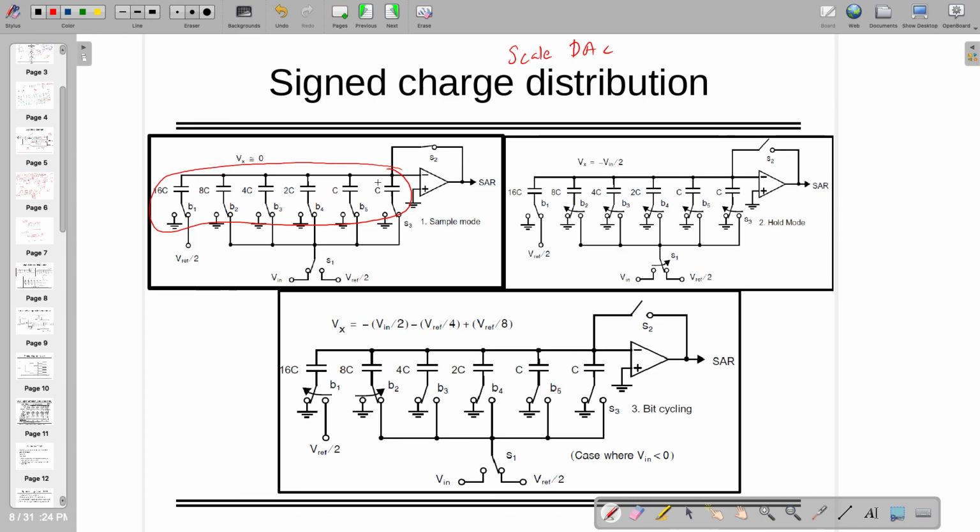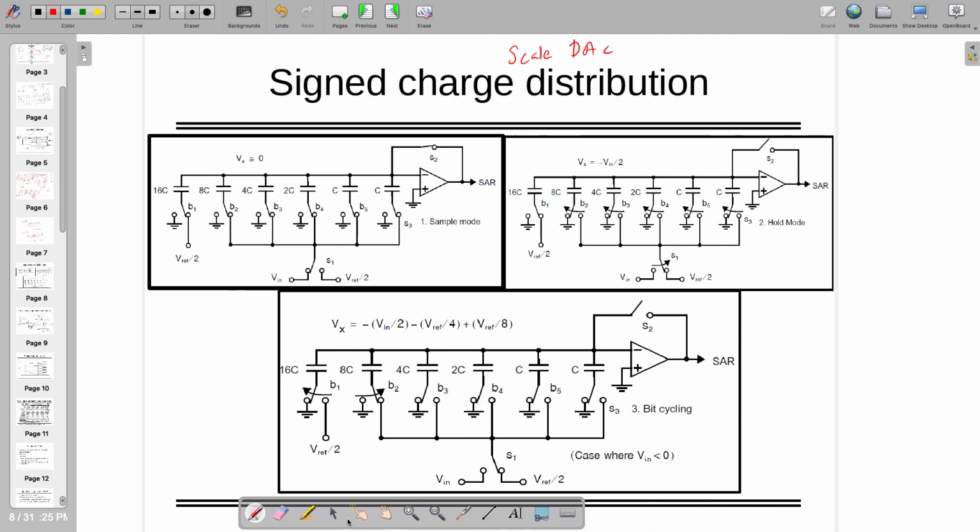So I'm going to talk maybe next time, but the main goal here is, if my input is between Vref to minus Vref, it might be possible. You cannot have every time Vref to 0 only. You might have the input signal ranging from plus Vref to minus Vref or 0 to minus Vref. This is also possible, right?